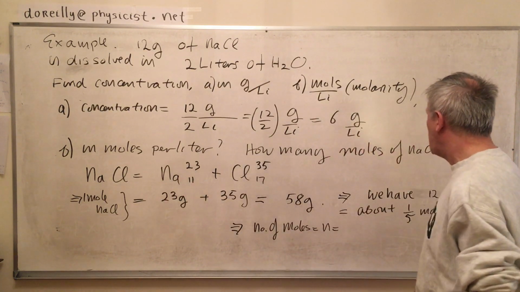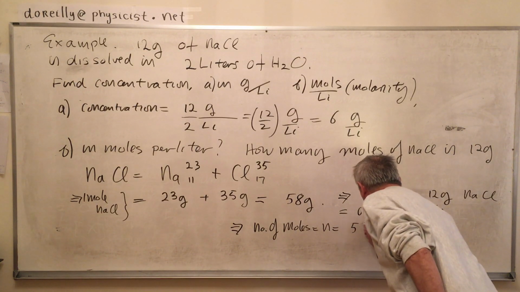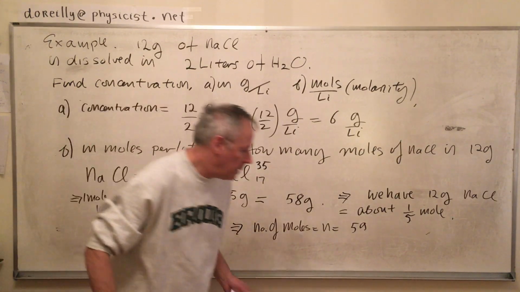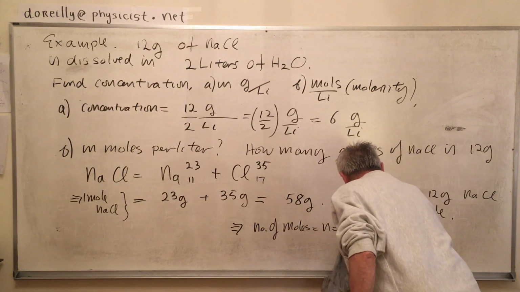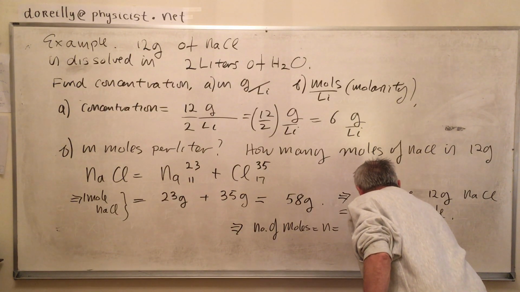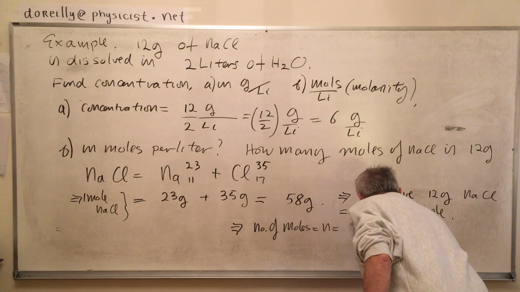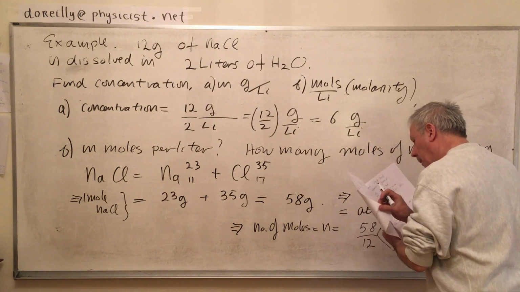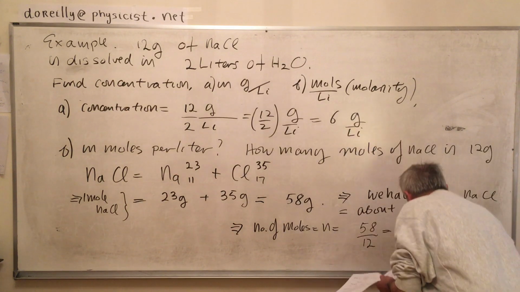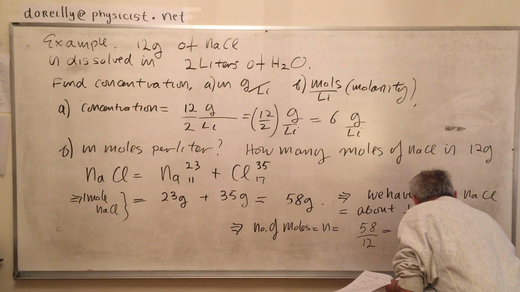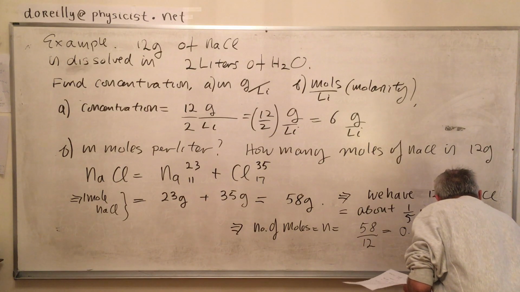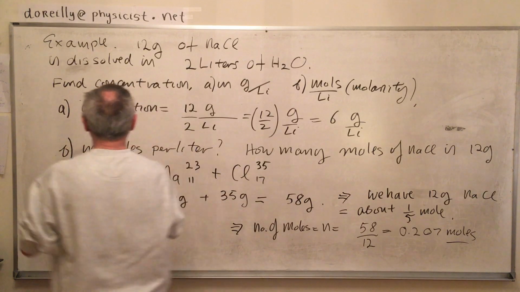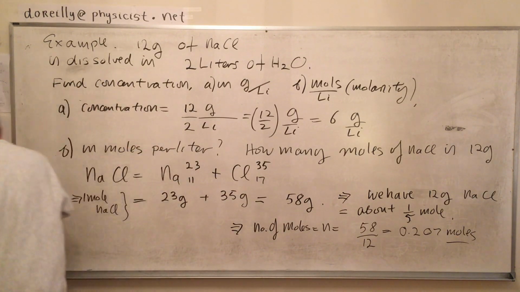So the number of moles we have is 12 over 58. I keep doing this because I keep losing my eraser. 12 over 58 is what? 0.2, so we have 0.207 moles. So for part B, the molarity of this one is this.